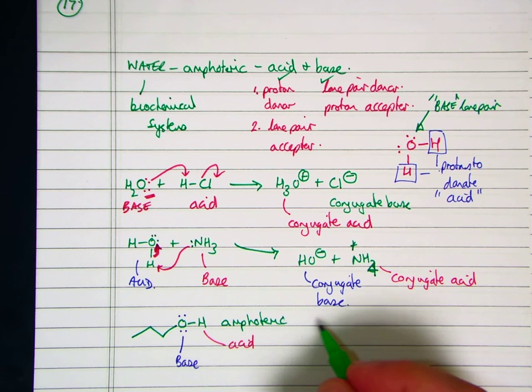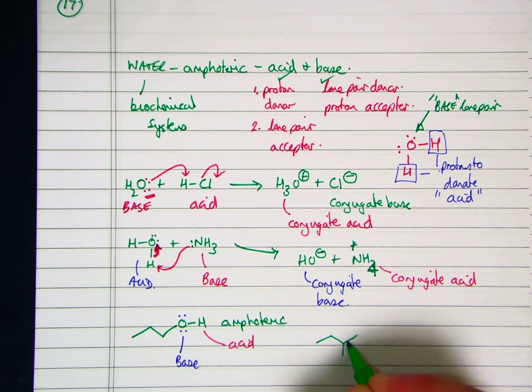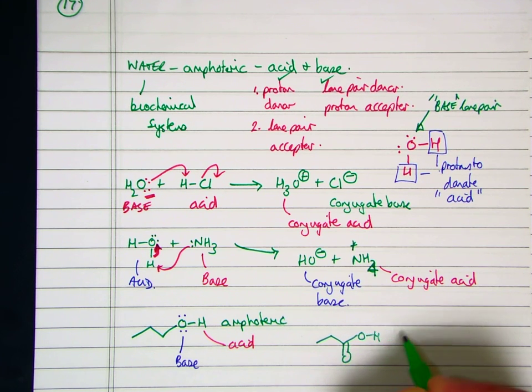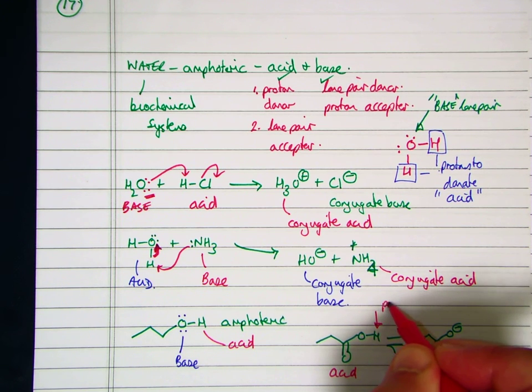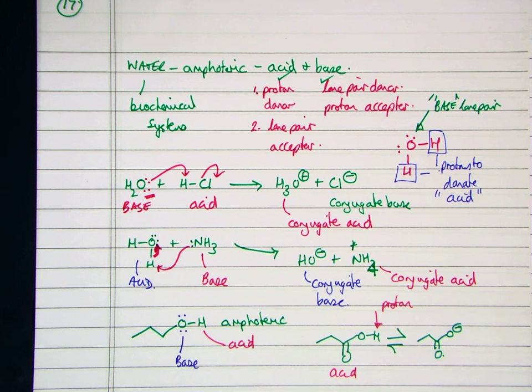Obviously, if we have a carboxylic acid, we know that it can dissociate like so, because here we have the acid with the proton to donate, and as this proton donates, we form this conjugate base here, which can be stabilized by resonance.